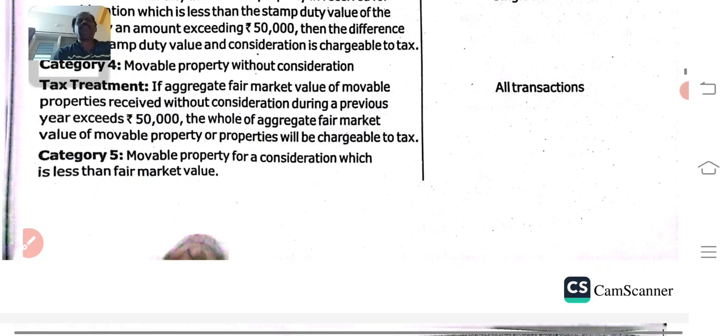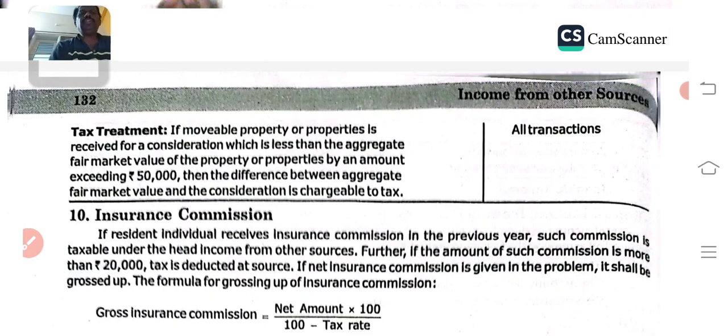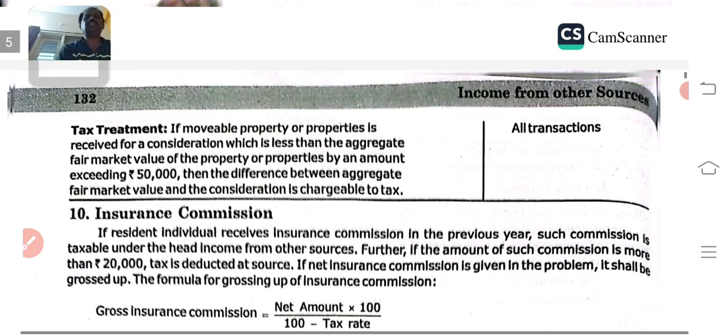Movable property for a consideration which is less than fair market value. If movable property is received for a consideration which is less than the aggregate fair market value of the property by an amount exceeding rupees 50,000, then the difference between aggregate fair market value and the consideration is chargeable to tax.